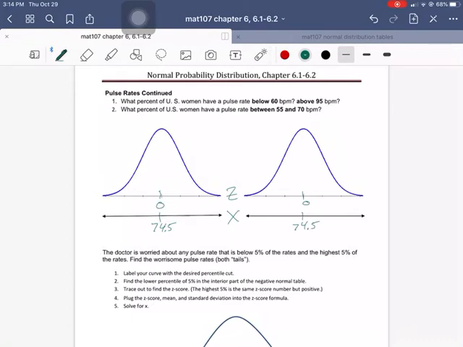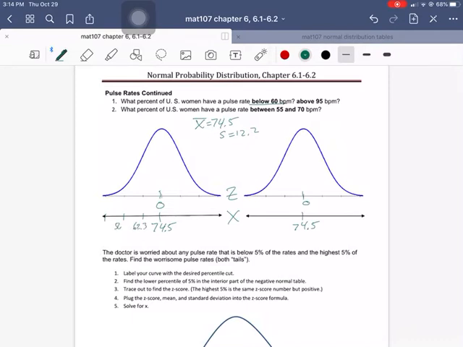And we're going to look for below 60 beats per minute. So where would 60 fall? Well, 1 standard deviation. Let's remind ourselves, x bar was 74.5 and s was 12.2. So if you subtract 12.2, you're going to get 62.3.